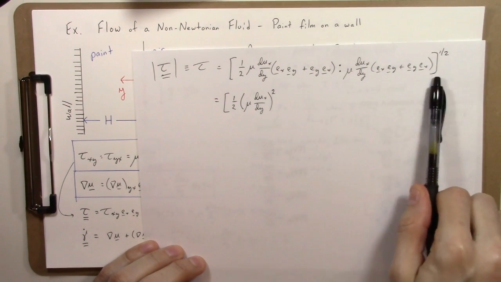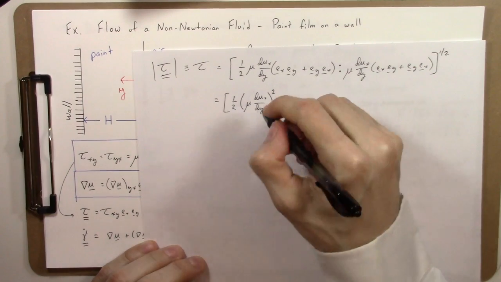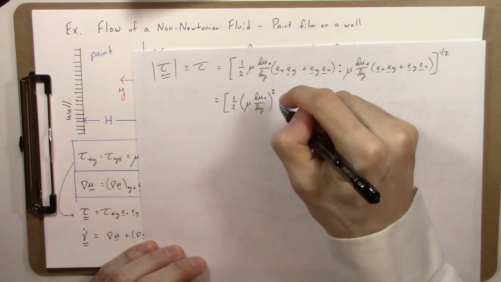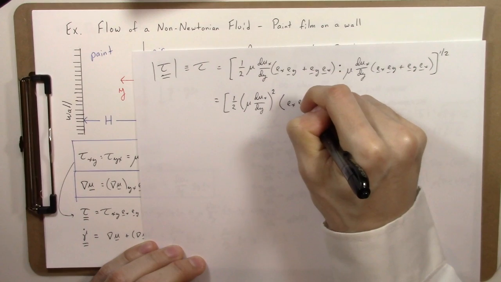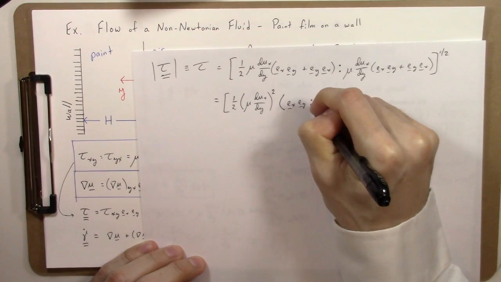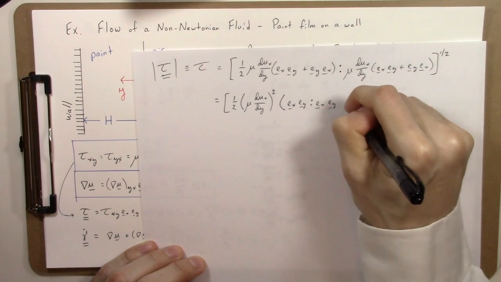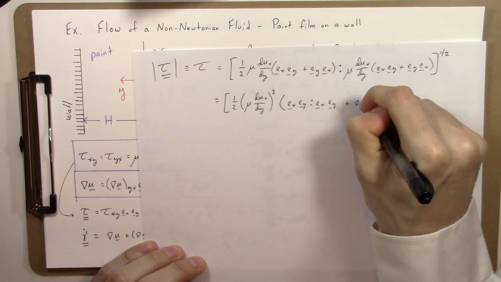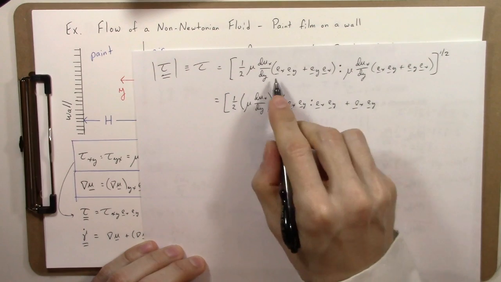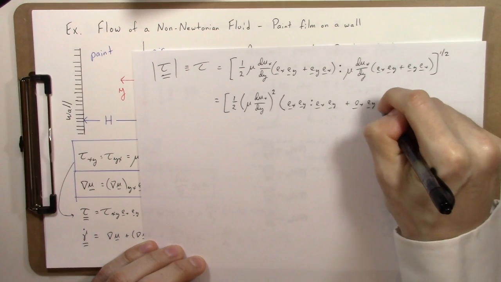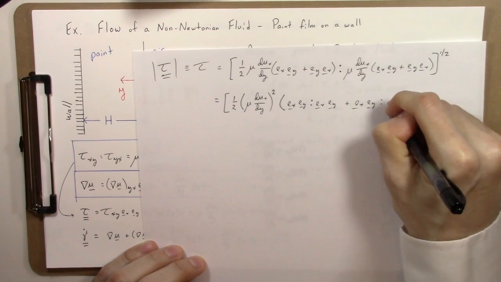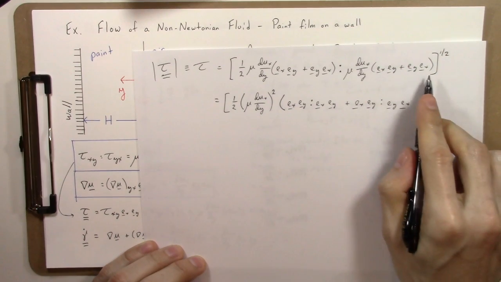There are 2 terms here, 2 terms there, so we get a factor of 4 terms. The first one: ex ey double dotted with the first one, ex ey, plus ex ey from the first expression, double dot product with ey ex from the second expression.